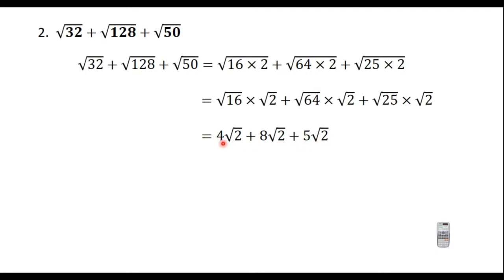So we can go ahead and add the terms in front of the square root sign. So 4 plus 8 plus 5 square root of 2. 4 plus 8 will give us 12. 12 plus 5 will give us 17. So we have 17 root 2.